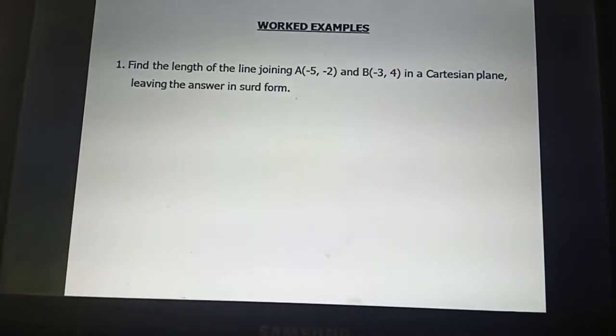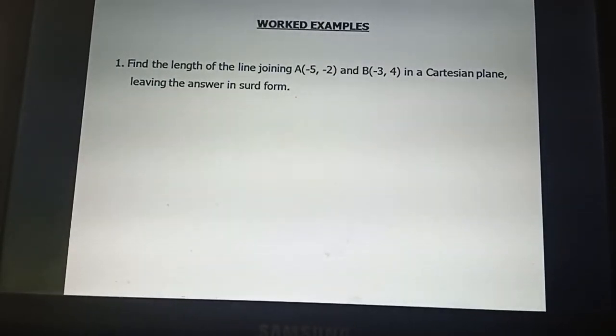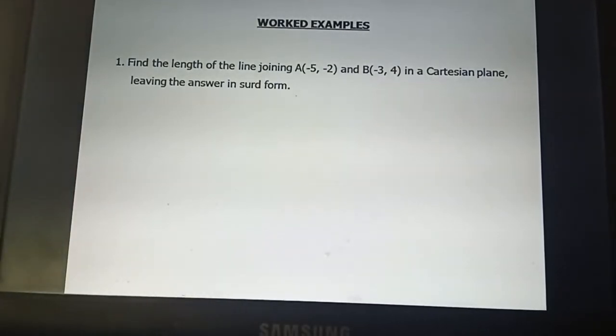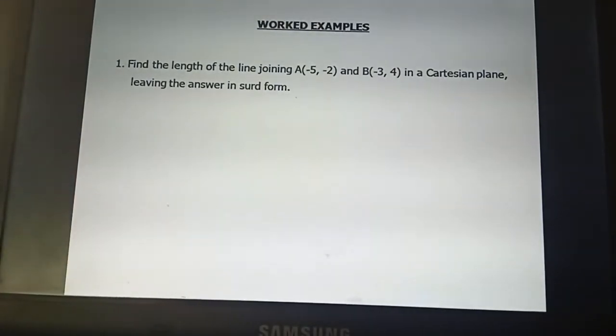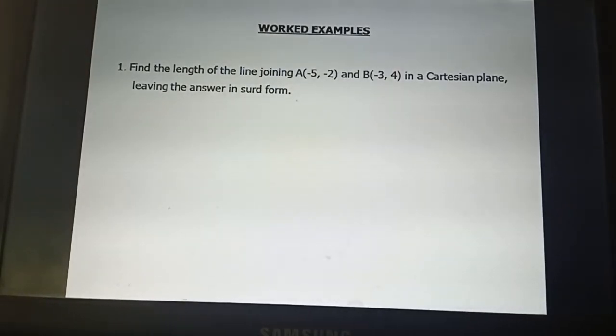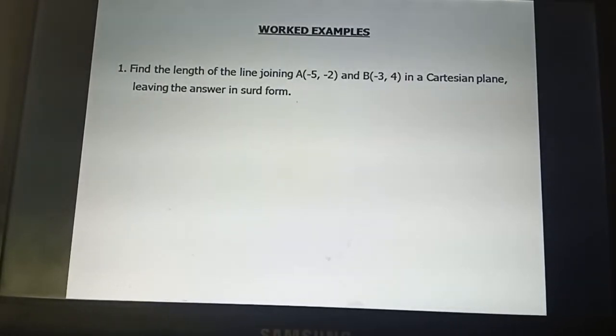So you should find the length of the line joining A (-5, -2) and B (-3, 4) in a Cartesian plane, leaving the answer in surd form.